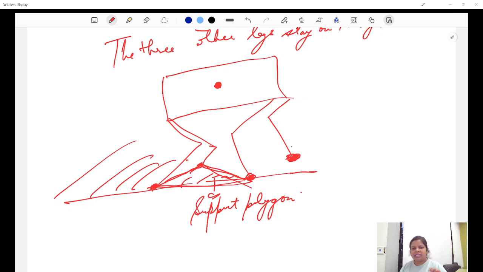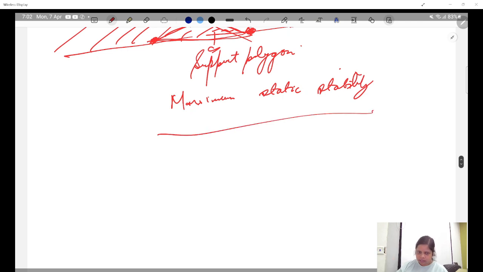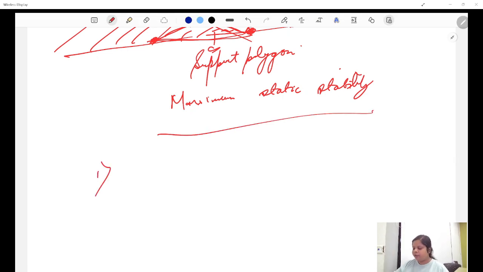Okay, so this gait prioritizes maximum static stability. Where would this static stability be required? It would be required on rough terrain, because you cannot have a gait in which it is being balanced by two or one leg.